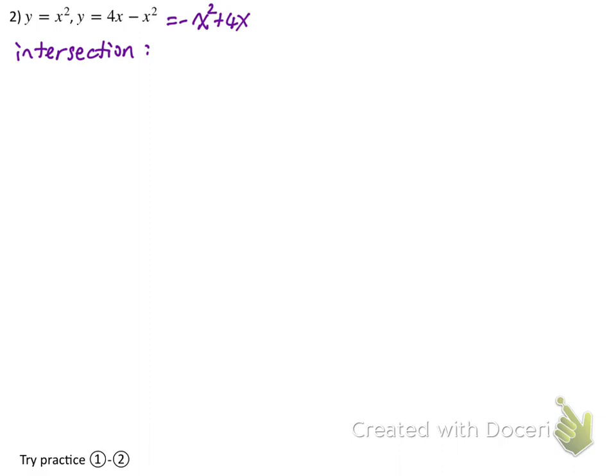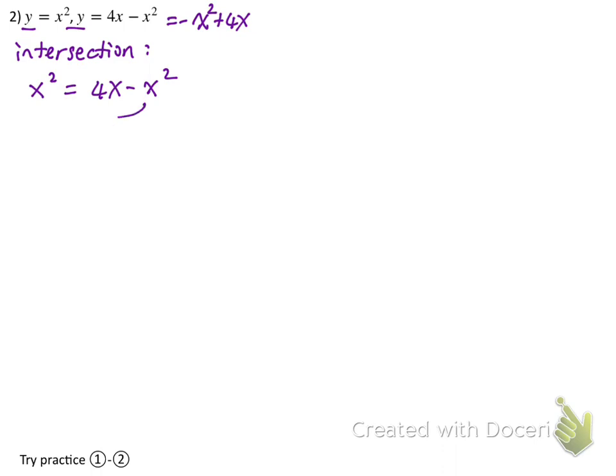So the intersection will be where the y coordinates are the same and the x coordinates are the same. So essentially you are solving what x value makes x squared and 4x minus x squared, which are the y coordinates, the same.